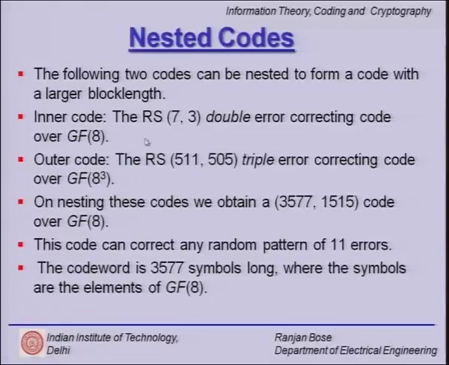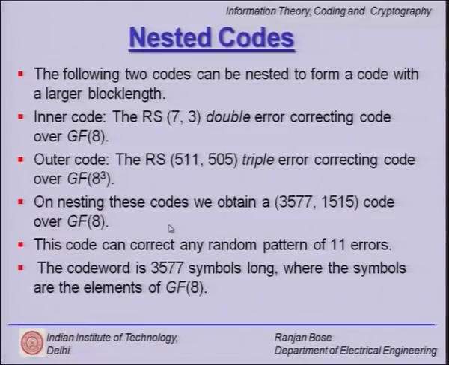If you nest these codes, this is a small k of 3, this is a capital K of 505. So, small k into capital K should be 1515. So, the nesting code, the super code, is a (3577, 1515) code over GF(8).